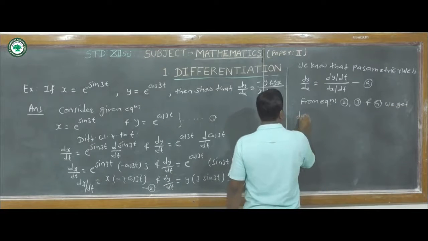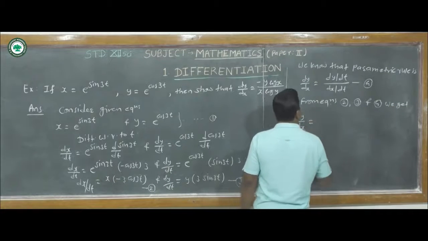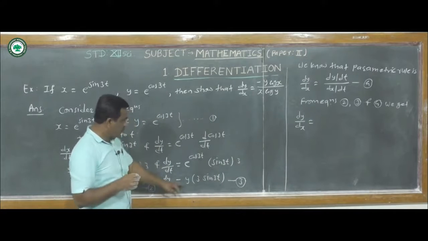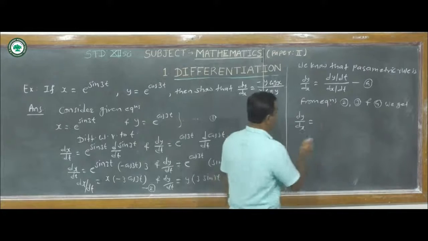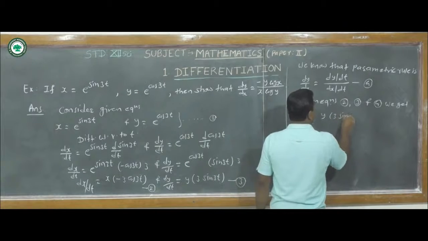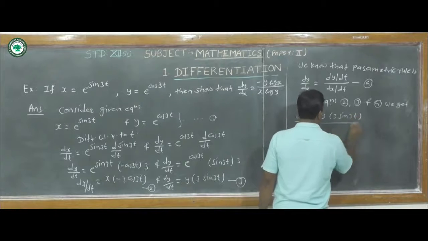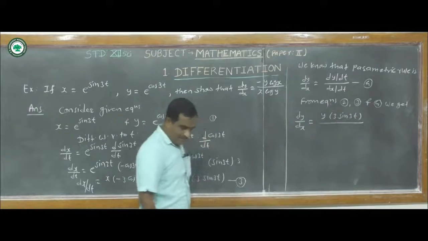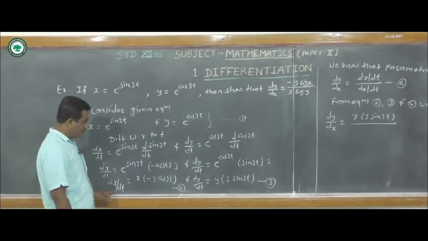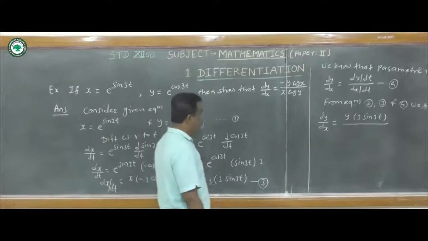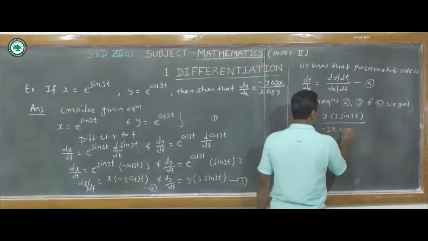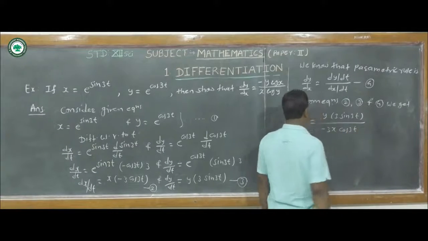dy by dx is equal to, what is the value of dy by dt? From equation third, y into 3 sin 3t, upon the value of dx by dt, which from equation second is minus 3x into cos 3t.